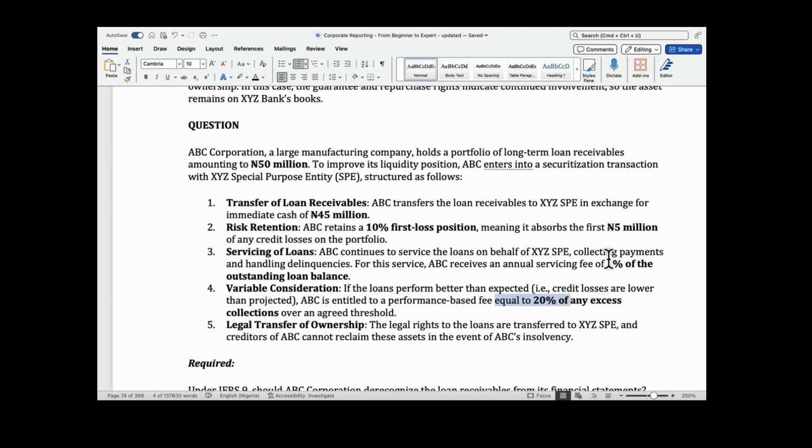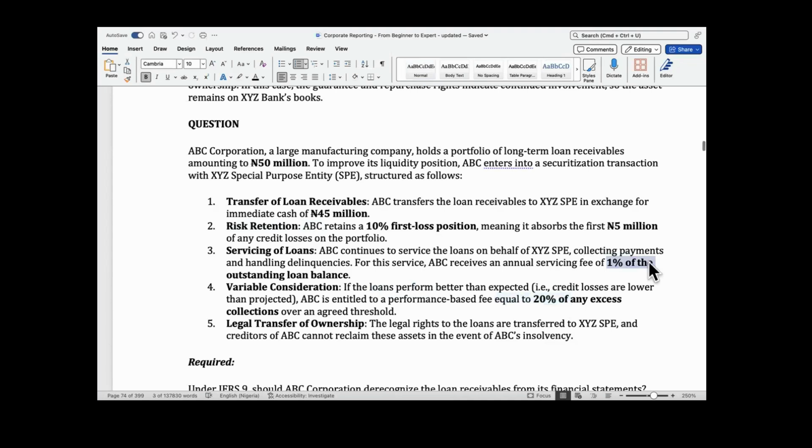This is very different from the one that is rendering service, where I'm helping you collect, I'm helping you handle delinquencies, and you're paying me 1%. That is different from this one, where if the loan performs better, not that he's doing anything, but it's just an agreement in the securitization agreement that you get 20% of any excess. That means he hasn't transferred fully the reward as well.